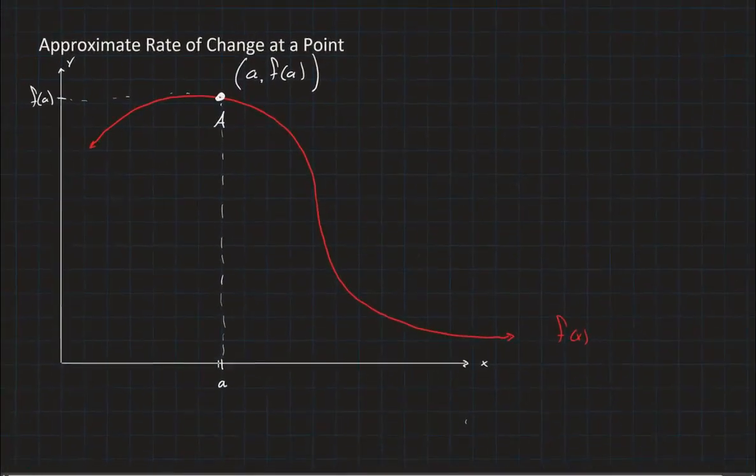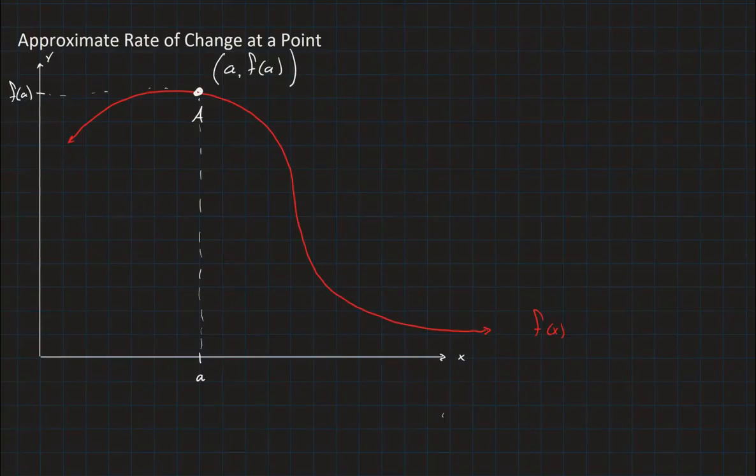So let's do the best we can with what we got. Like I said before, in order to find the rate of change, I need 2 points that lie on this function. So I'm going to add another point. We'll call this point x and f of x. So this little value on the horizontal axis is x.